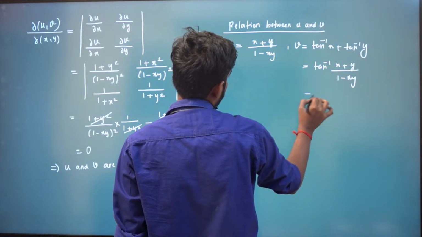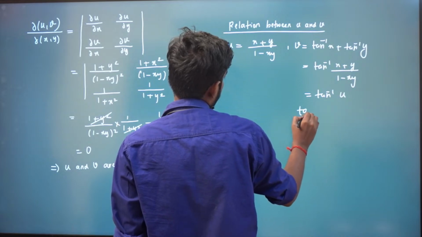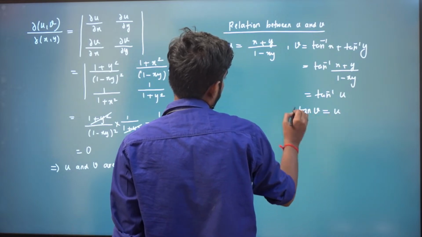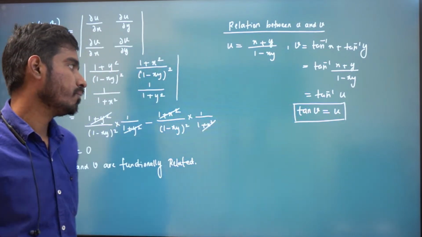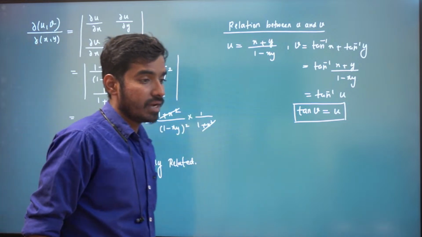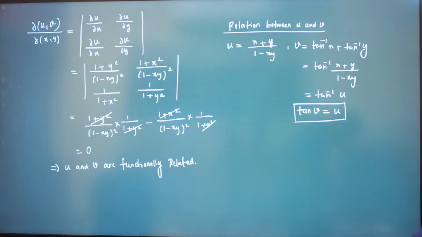Just applying the formula, this is tan inverse of u. That means we have tan v is equal to u. So u is equal to tan v. So if I know v, you just apply tan for v, you will get u. That means these two are functionally related, right? Is it clear? So we'll move on to the next one.